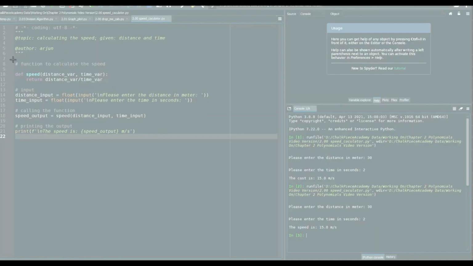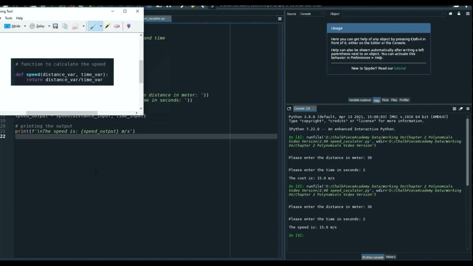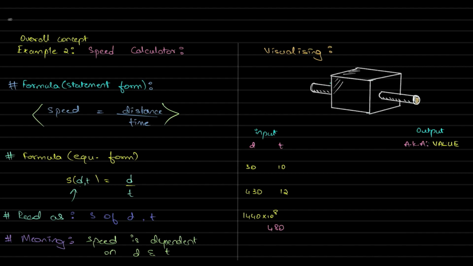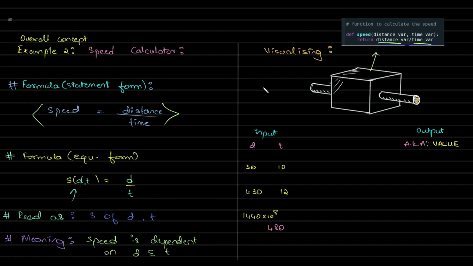So where is that particular aspect that we need to concentrate on? Here, the function which helps us to calculate speed. You can clearly see speed is dependent on distance and time variables. So in here we are calculating distance divided by time. That's what the machine is doing.